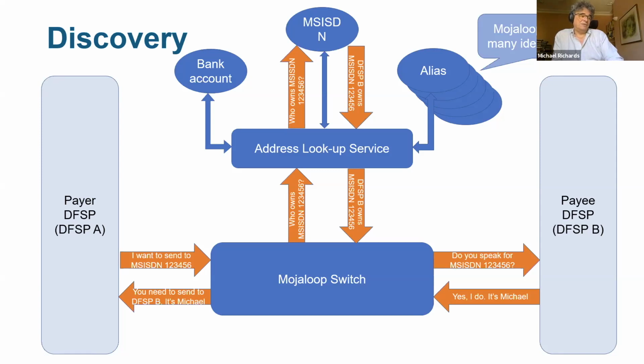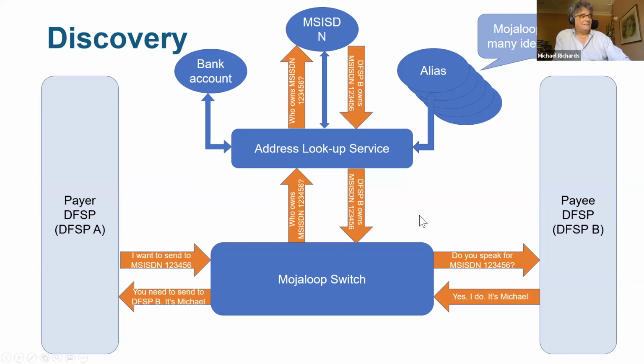So if, for instance, it had come back and said, yes, you can apply to DFSP B, but it turned out that although the number was owned by the mobile network operator who operated that mobile money scheme, nevertheless, that subscriber hadn't joined the mobile money scheme, or if they had joined the mobile money scheme but their account wasn't active, then they would get an error call. Sorry, DFSP A, the payer DFSP, would get an error call back saying, sorry, can't route it.